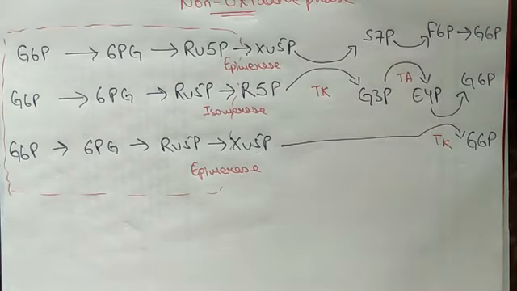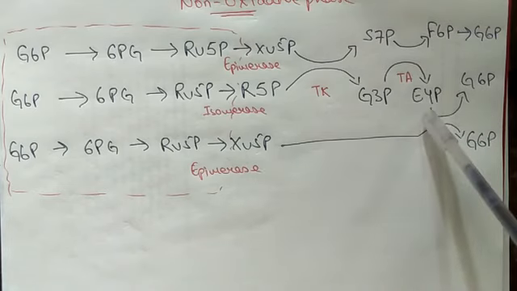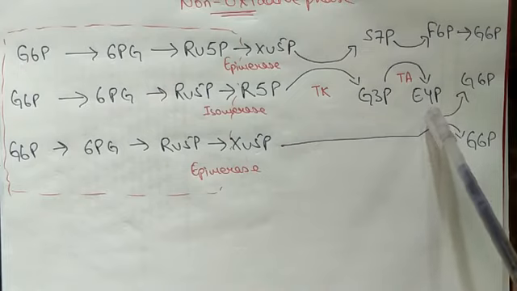And further on I will discuss what aromatic amino acids are and the various types of amino acids. So this E4P, erythrose 4-phosphate, the 4 carbon sugar, is useful for the formation of pyridoxal, that's vitamin B6, and aromatic amino acids.